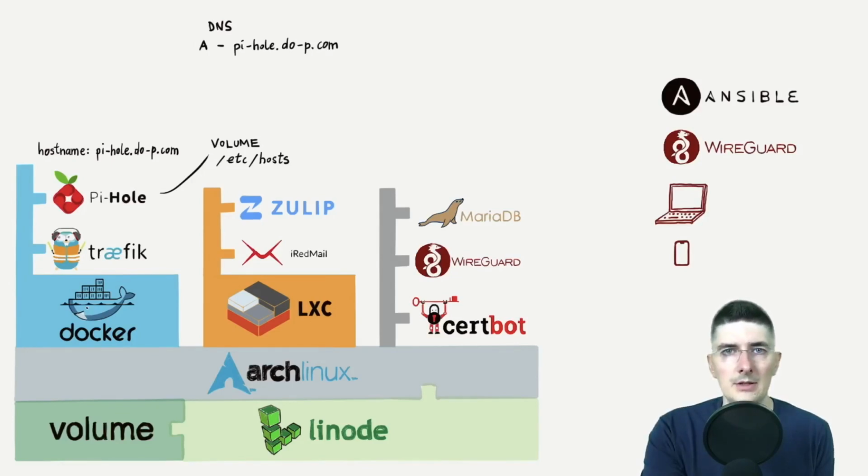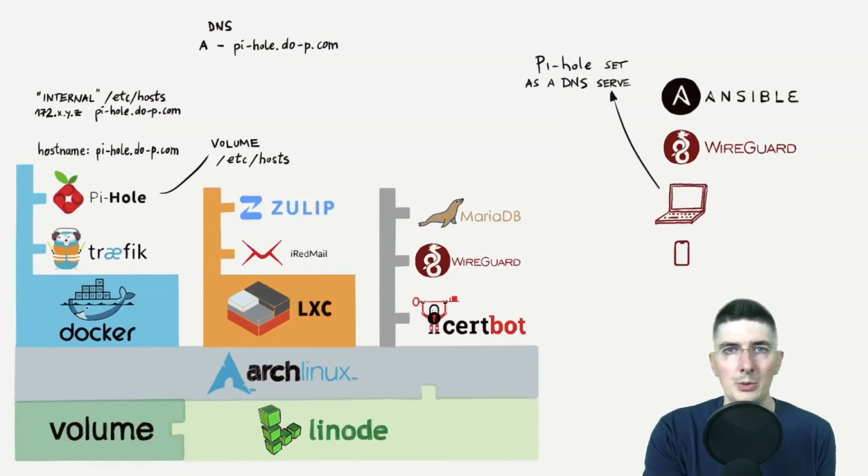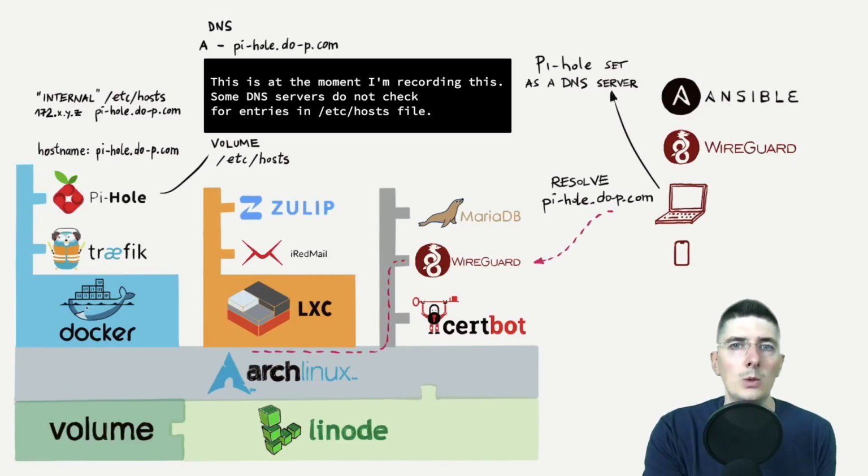The reason is that if you don't provide etc hosts yourself, Pi-hole will create its own etc hosts inside the container, and it will add an entry for its own hostname, pi-hole.do-p.com, but it will point to a Docker container IP, which of course is in a private subnet. So when you try to resolve pi-hole.do-p.com using Pi-hole as your DNS, Pi-hole won't ask the upstream DNS server to resolve this.